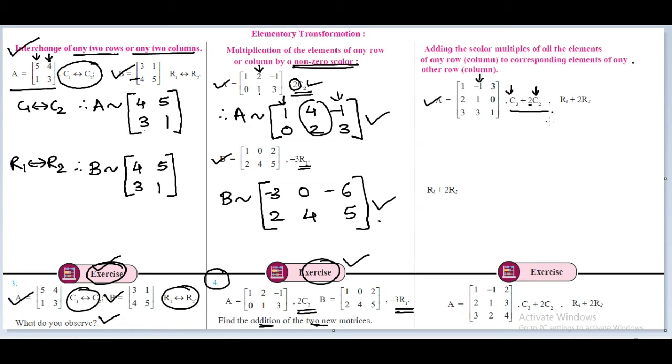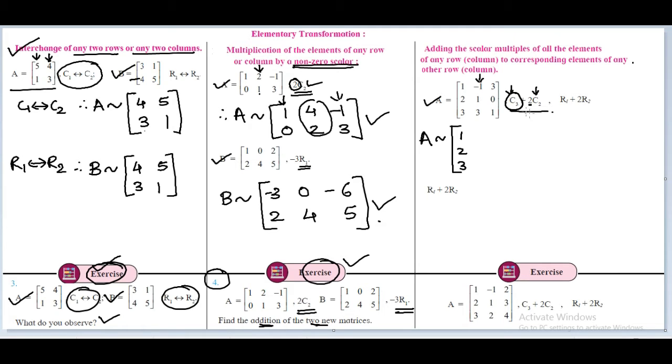Now let us see how this operation works. A new matrix that will be formed will be equivalent to the original matrix and can be written as, there is no change in column 1, right? 1, 2, 3. It will be as it is. Now whatever first entry is here, we are doing the operation on that column or row.